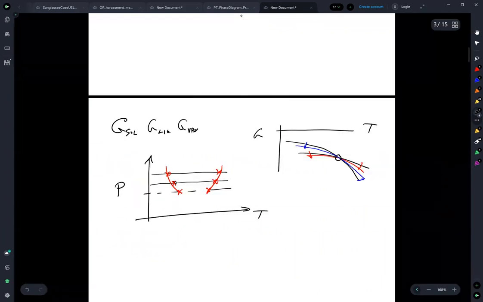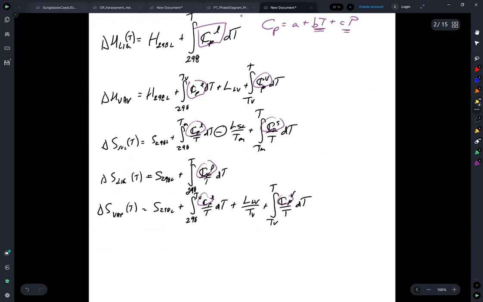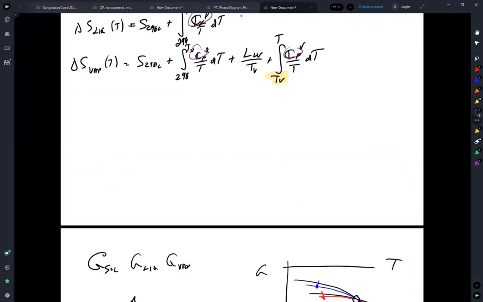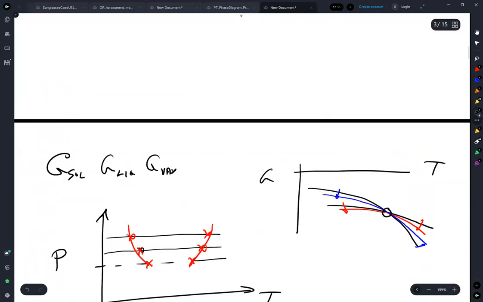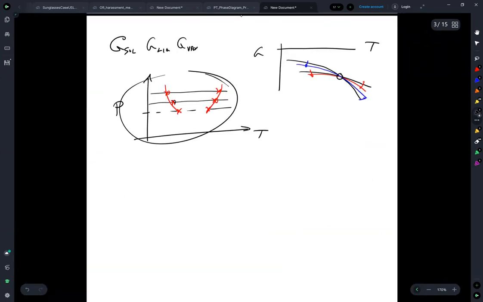And that's because all of these equations are coupled through the use of the melting temperature and the vaporization temperature. So if this were to work, which by the way, it doesn't, you would need to have the temperature of melting and temperature of vaporization as a function of pressure and temperature. And if you had that, you'd have no need for the curves anyhow, because you would just plot them.